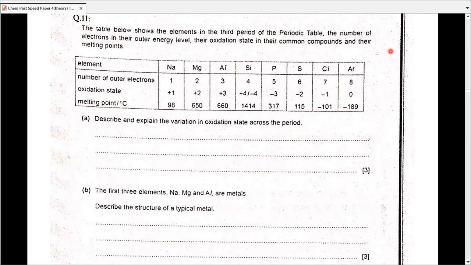Metal consists of giant structures of atoms which are arranged in a regular pattern, and so the electrons of the outer shell are delocalized, and they're free to move, and then that is sharing of the delocalized electrons by strong metallic bonding.